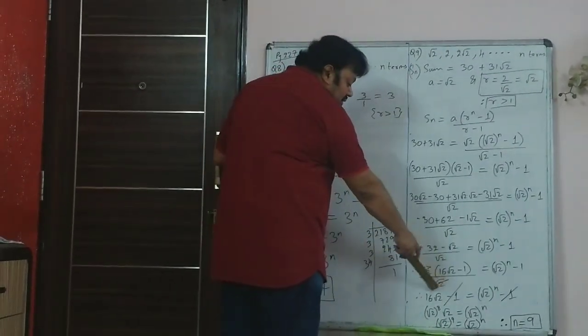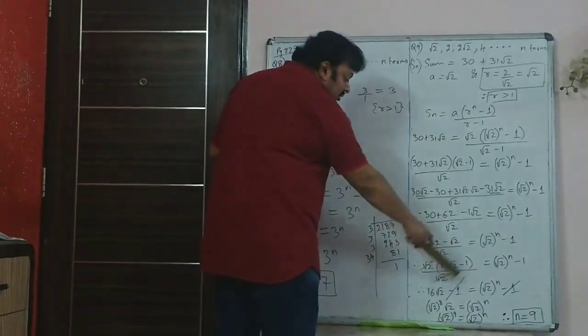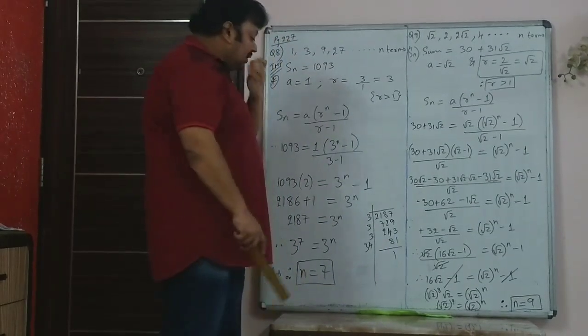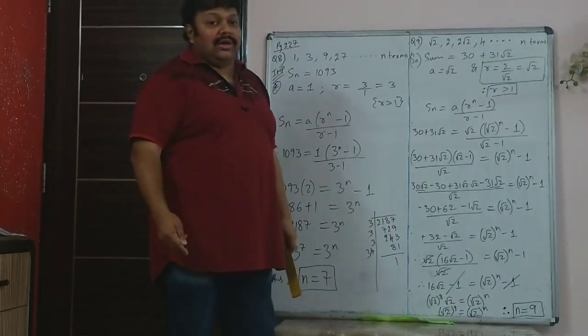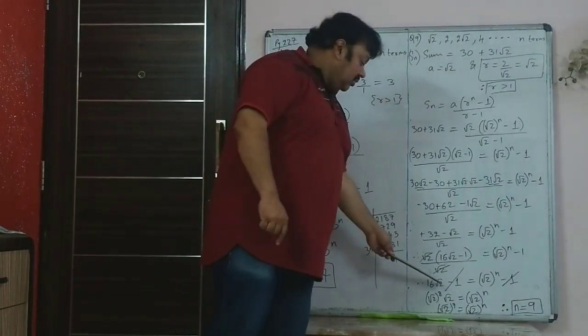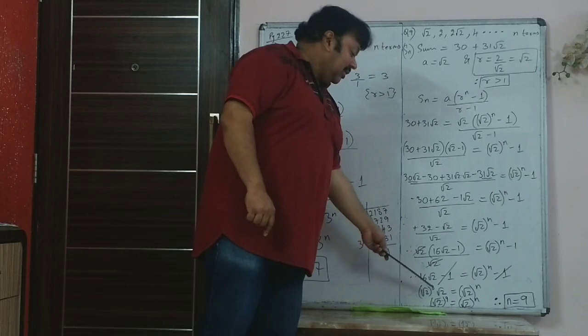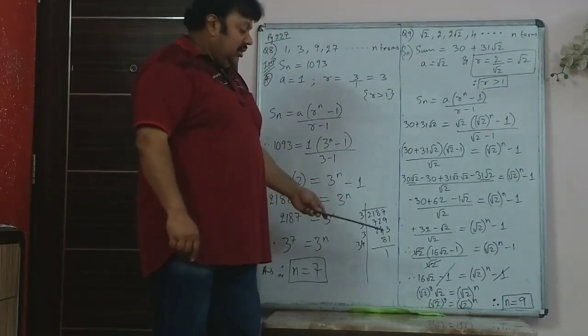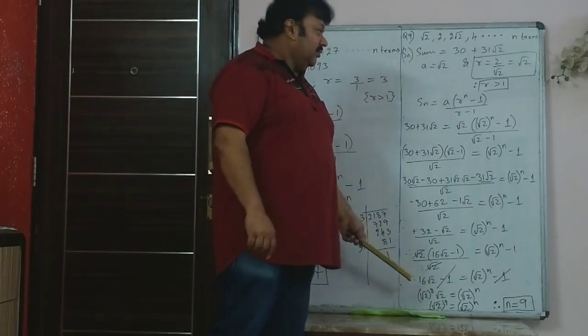So 16 root 2 minus 1 is root 2 raised to n minus 1, and minus 1 gets cut on both sides. So the 16 can be written as root 2 raised to 8, and one more root 2 is left here. So it becomes root 2 raised to 9 is root 2 raised to n. So n is equal to 9.